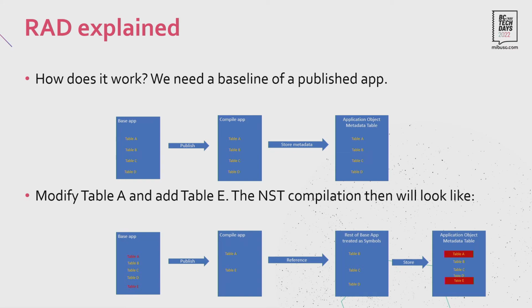We don't care about them. We will treat them as symbols. So we are going to create some sort of artificial symbol file in order not to parse and bind too much. And then basically, we are going to do a diff in the application object metadata table, and we are going to update table A and insert table E.